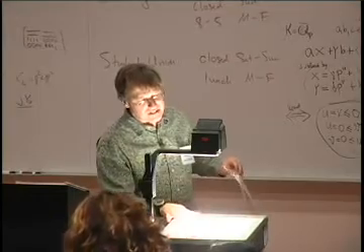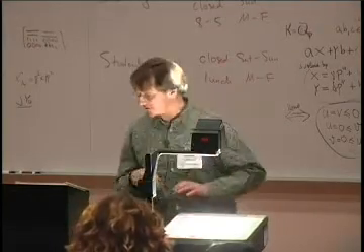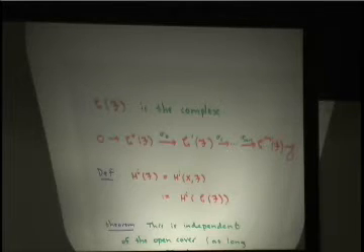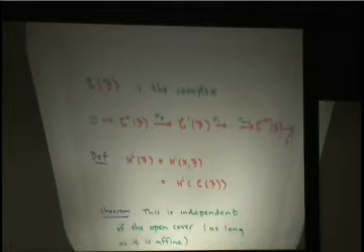Now, we let C of F be the actual complex here, going from C0 all the way up to Cm. And we just define Hi of F to be the cohomology of that. The main theorem is that this is independent of the open cover, as long as it's an affine open cover.